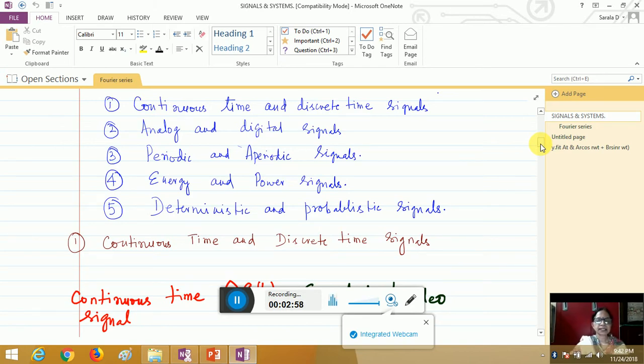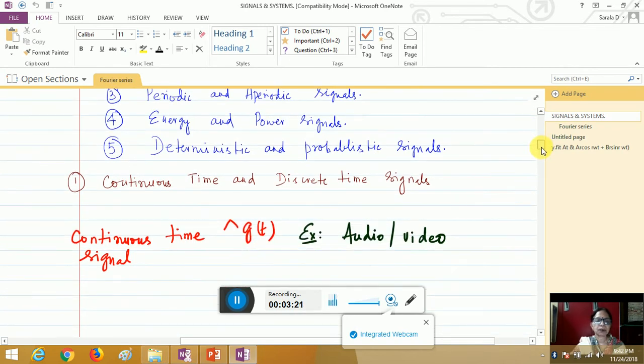Now let us consider the different types of signals. They are continuous time and discrete time signals, analog and digital signals, periodic and aperiodic signals, energy and power signals, deterministic and probabilistic signals. What are they?